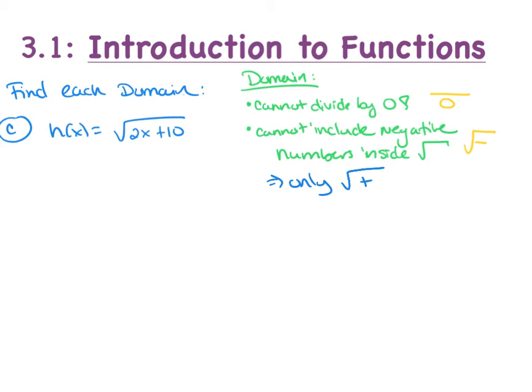So when we're finding our domain for this function, we want to take the inside, it's called the radicand, 2x plus 10, and say that it has to be positive, or it could be equal to 0.